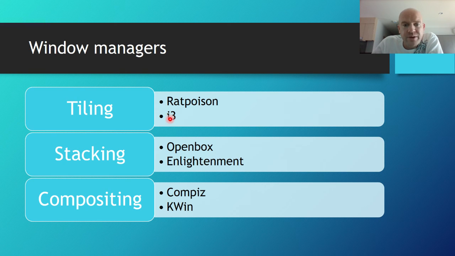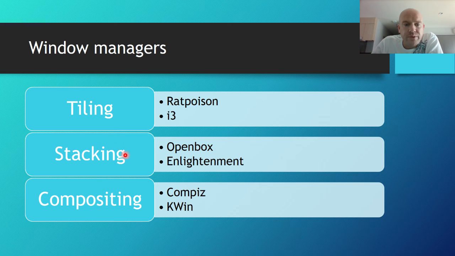There's also one called i3, which is good. But most people are probably not going to want the tiling window manager because you still want to use the mouse. The reason why we have a mouse is because it's a very efficient way of navigating through information.